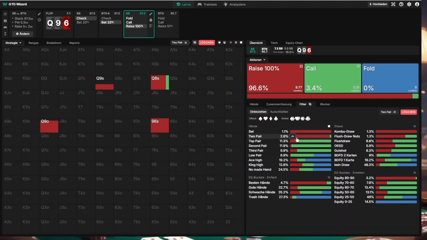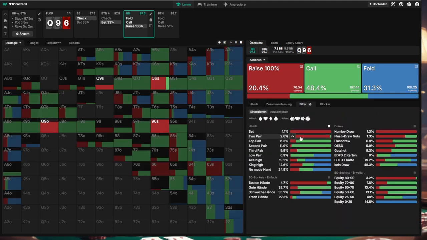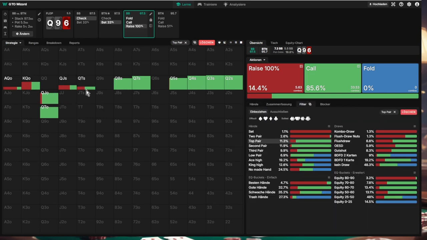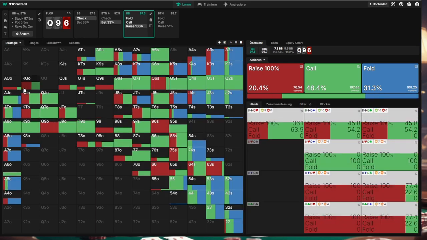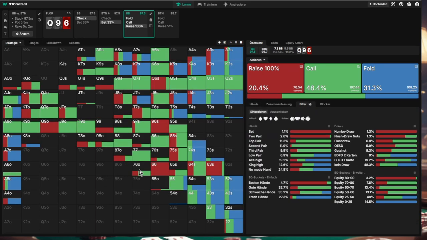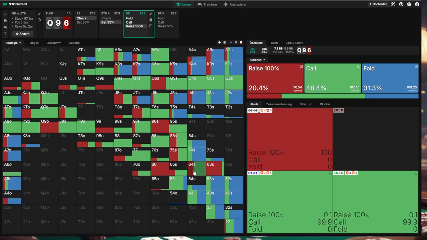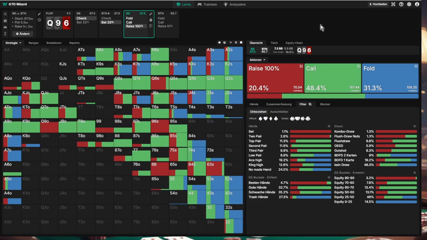They raise any two pair, which is fine. And I don't think they will be raising queen ten most of the time for value. They will definitely find king queen and ace queen more often. But I would guess they're more on the draw heavy side when they raise here. Okay.